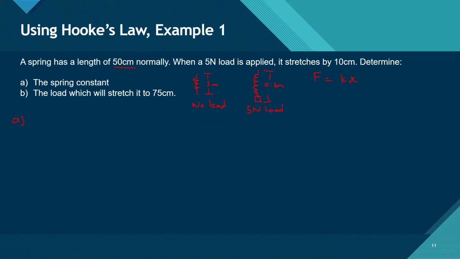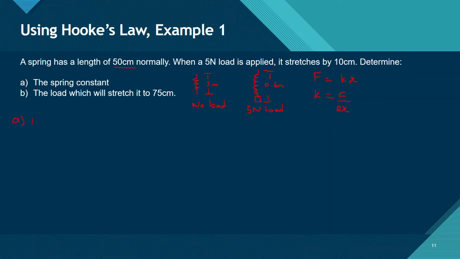Looking at the formula, you'd probably transpose it to say K is equal to F over x. So you look at where you have any forces and your associated lengths. In this scenario, we have a 5 Newton load and a 0.6 meter length. But it's important to keep in mind that this x is actually the distance that it changes. So you can look at this as delta x, the change in distance.